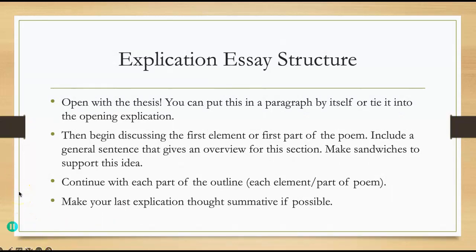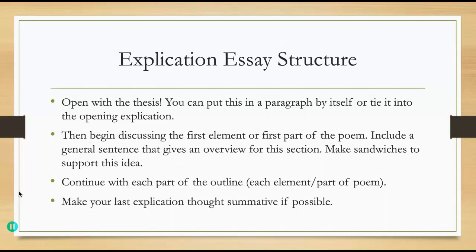The explication essay has a very specific structure. You're going to start with the thesis, just jump right into the main idea. You can put the thesis in a paragraph by itself, or just tie it into your first paragraph. After that, you'll start with the first section of your outline.